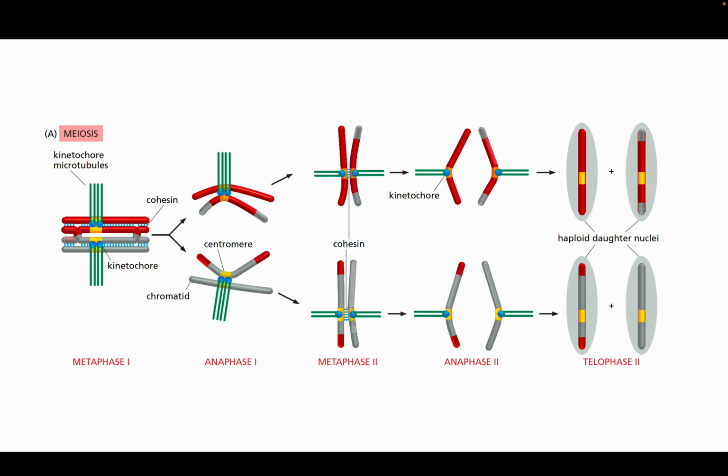The final result is haploid daughter nuclei. Then they will undergo telophase, and four distinct gametes, or four distinct haploid daughter nuclei, will be formed.